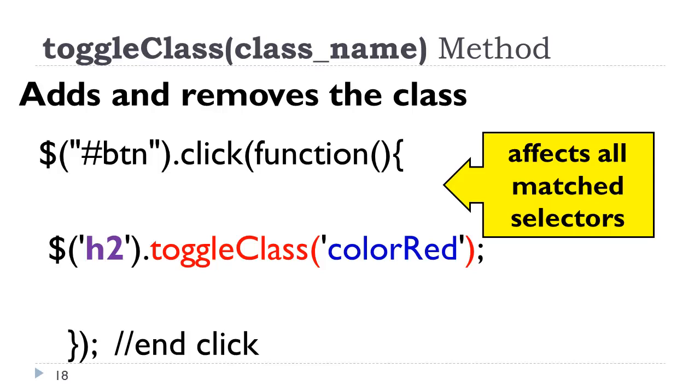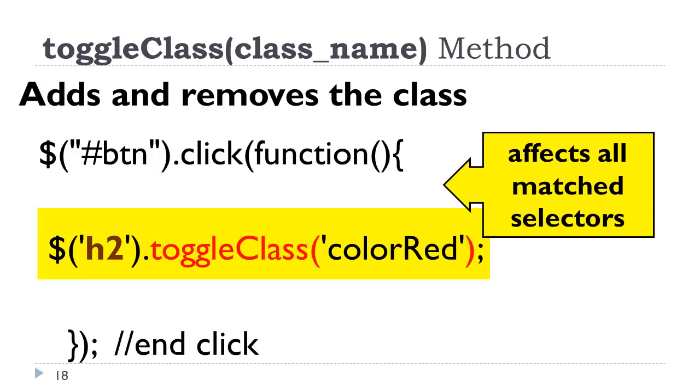A very, very nice, popular method is the toggleClass method. Let's take a look at our code here. We have a click event. Our selector is some kind of a button, and when we click on the button, we're calling the anonymous function. The code to be run is the selector h2 .toggleClass color red.